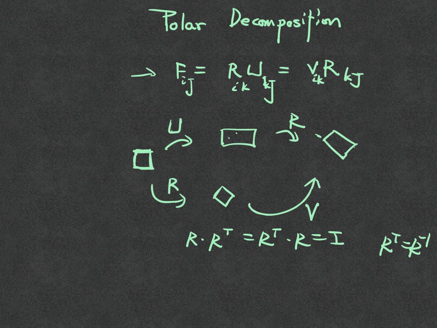Okay, so on the other hand, what happened to this second path? I rotate it first and then I stretch. So how I rotate it will affect how I stretch. Okay, imagine that you put it into a machine that is going to stretch.